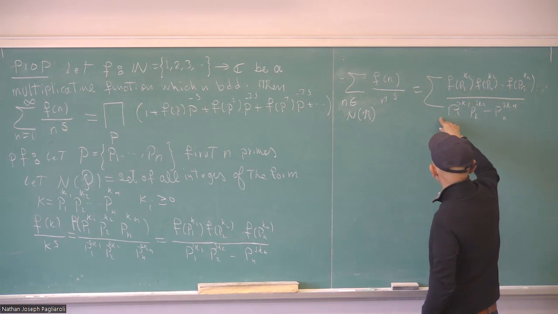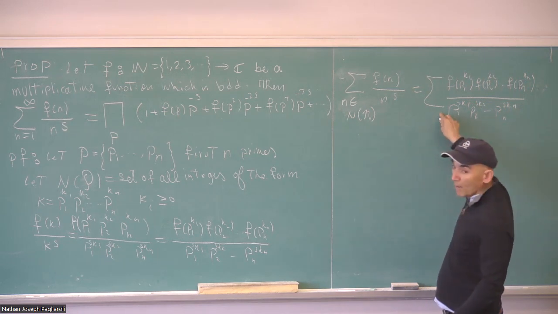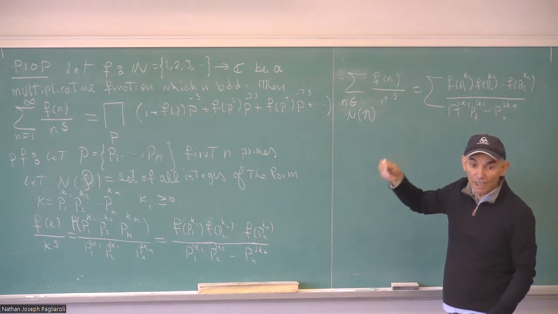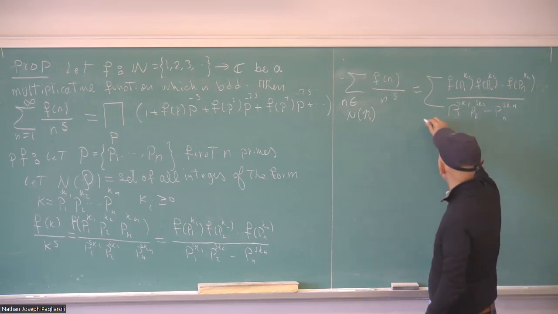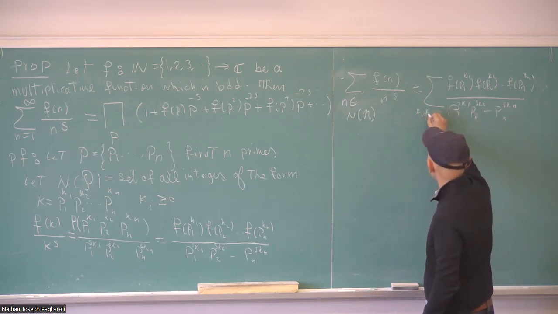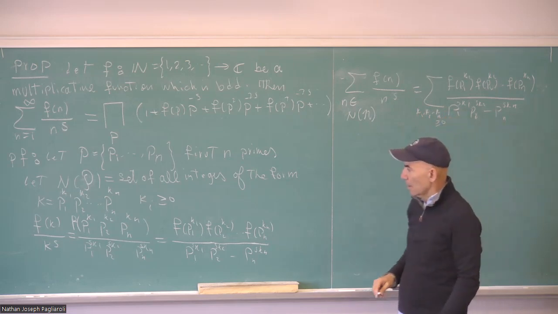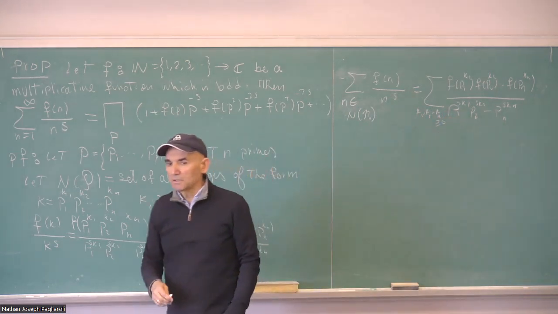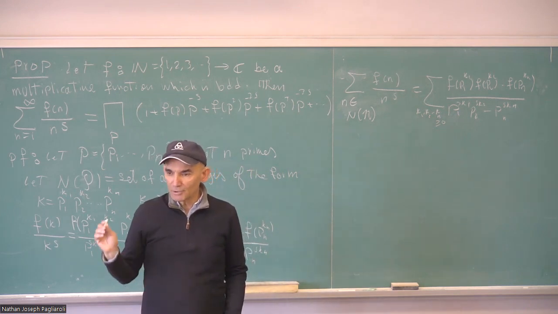Okay, so now the sum is over all k1, k2, ..., kn bigger than or equal to 0. Then we can use a very simple identity from algebra.